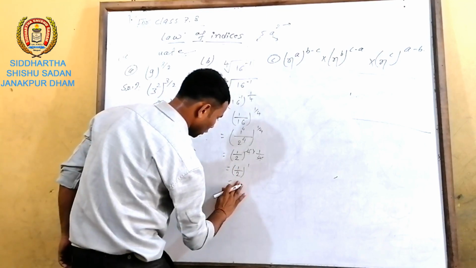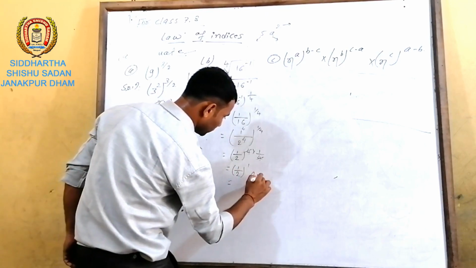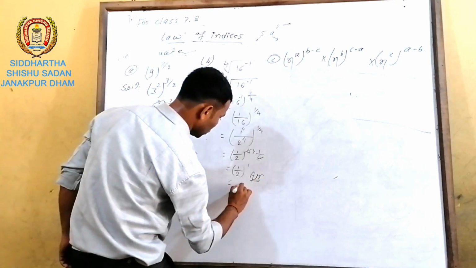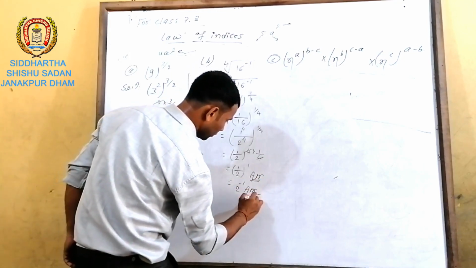So the answer is 2, and 2 to the power minus 1 also you can write.